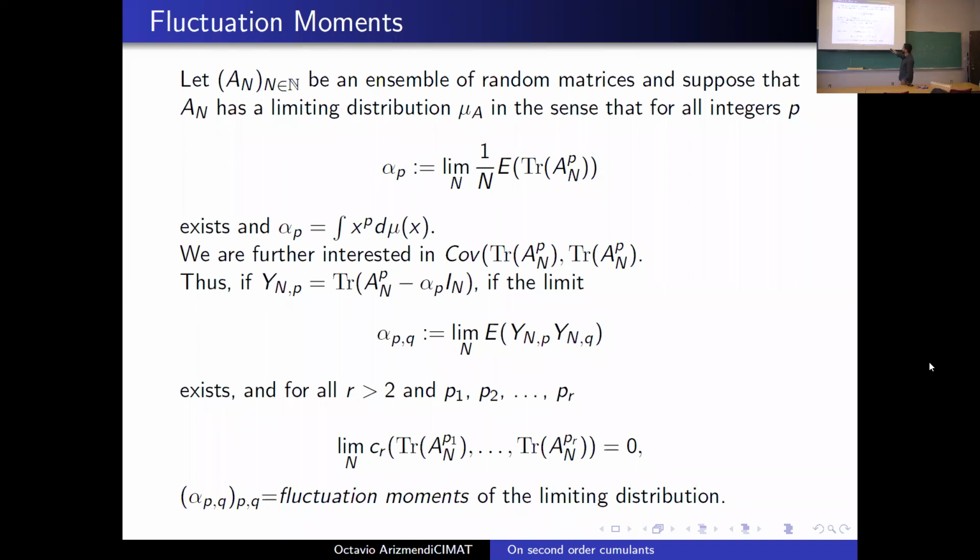And I assume that the higher order cumulants go to 0. What Jamie put here was that he assumed that if I multiply by n to something, this goes to something. In particular, this should go to 0. So I don't care about higher order freeness. I only care about second order freeness, fluctuation moments, which is just the covariance.